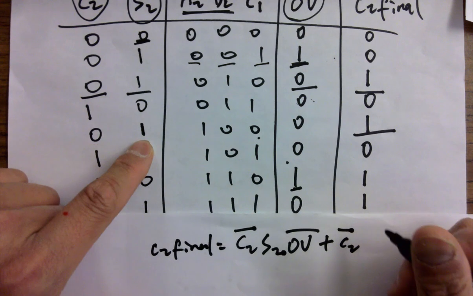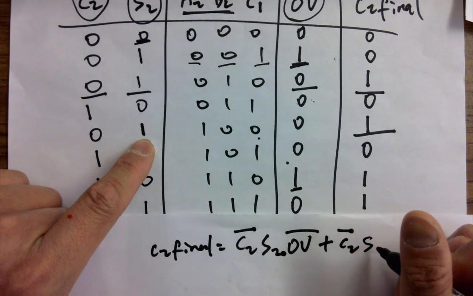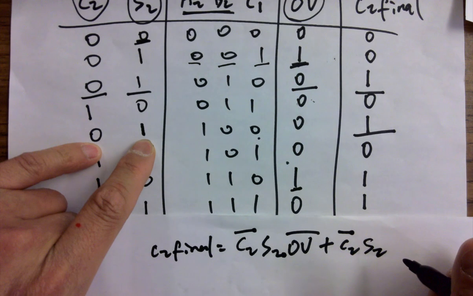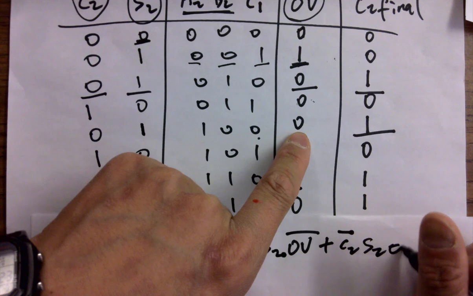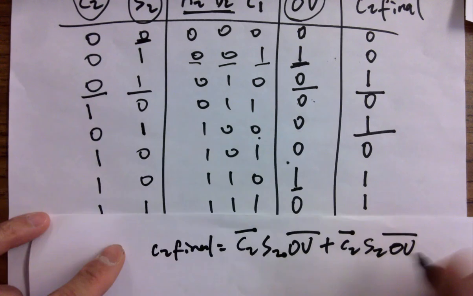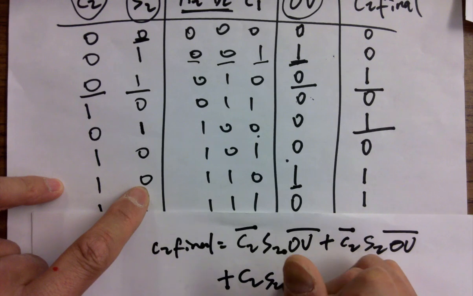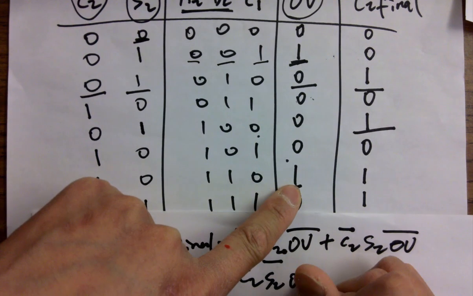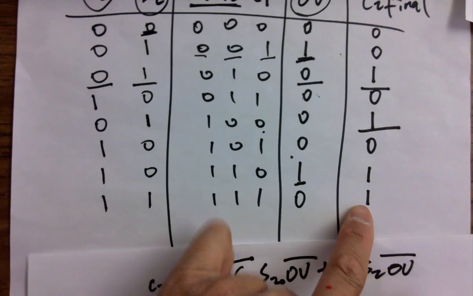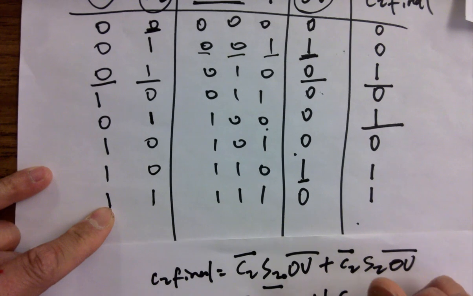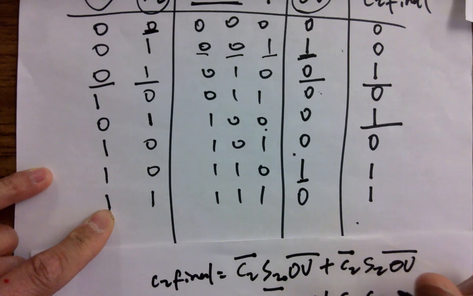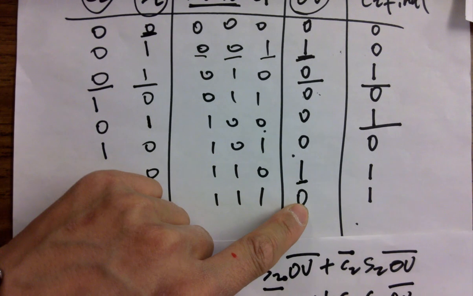I'm going to show a different option after this, but let's keep working on this. C2 naught, S2, and OV naught, that's another one, or C2, S2 naught, and OV, or this one over here, which is C2, S2, and OV naught.